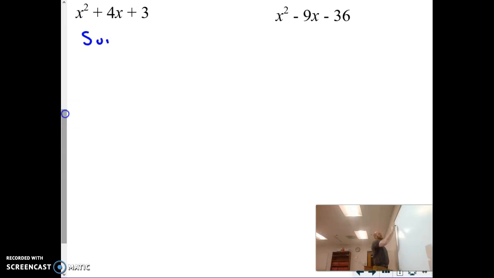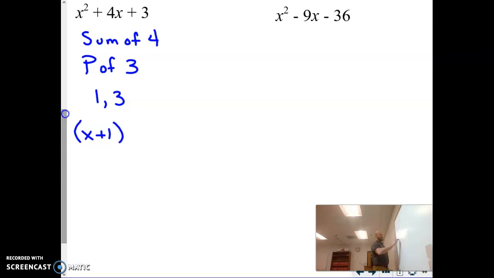As we take a look at a sum of 4 and a product of 3, the numbers, pretty basic here, are 1 and 3, leaving us with our binomial factors of x plus 1 times x plus 3.